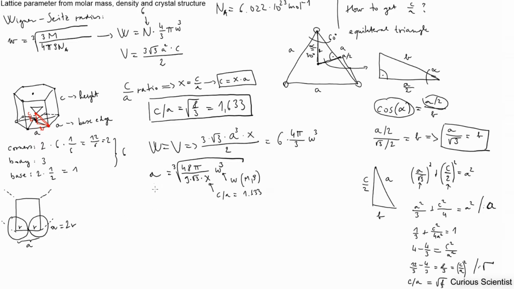So if we continue, r equals a over 2. So we know everything. We can calculate the Wigner-Seitz radius, and then from that we can express the lattice parameter, and then from that we can express the atomic radius. So lattice parameter done, and then we have the atomic or covalent radius.